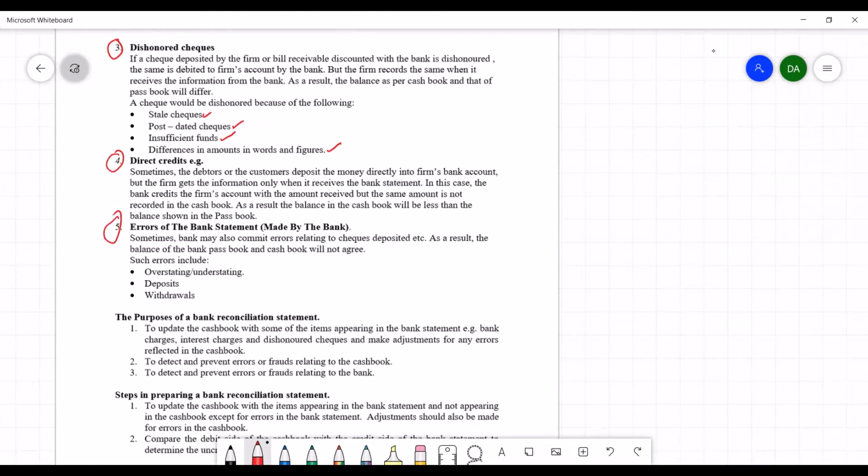Or such errors may include overstating or understating balances and transactions, overstating or understating deposits or withdrawals. So such can make a difference. Or sometimes it's just an error of deposit or an error of withdrawal. And such may cause the difference between the bank statement and the business cash book.